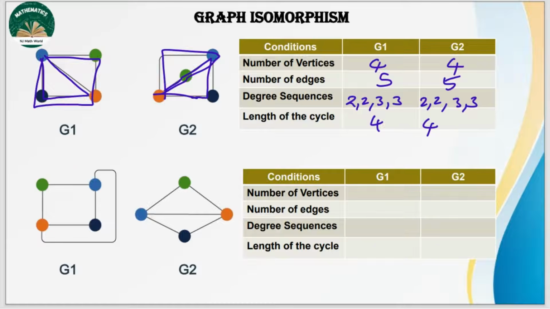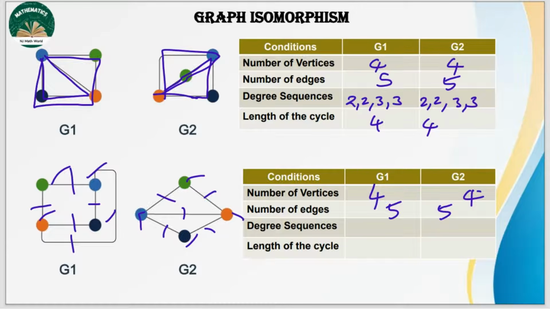The second one we'll check. They have 1, 2, 3, 4 vertices, and here also 1, 2, 3, 4 vertices. Then the edges here are 1, 2, 3, 4, 5, and here also 1, 2, 3, 4, 5, so 5 edges.